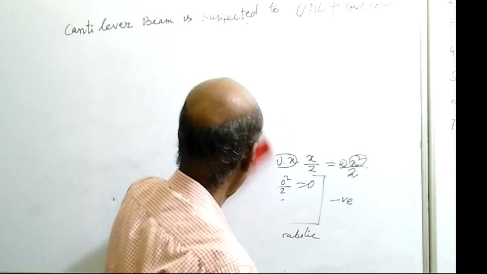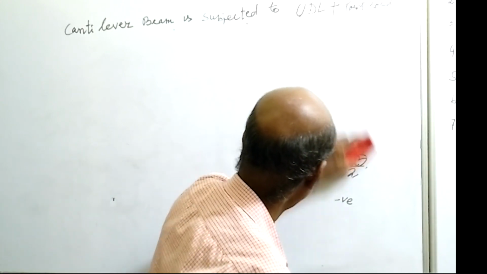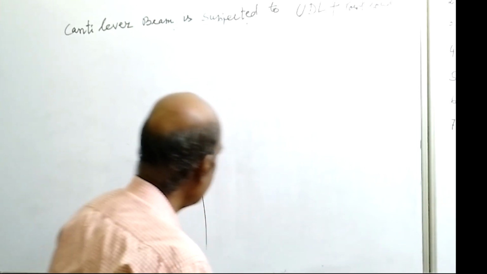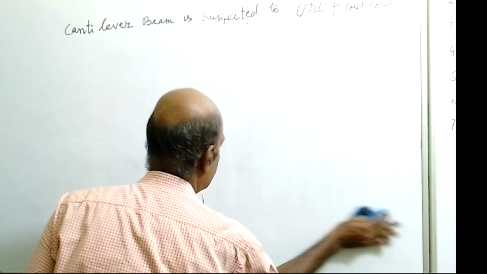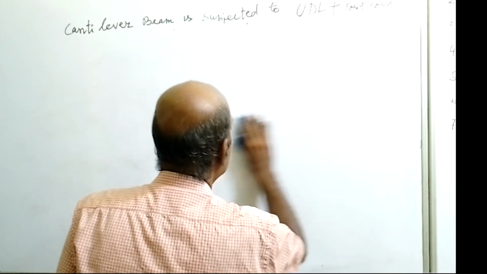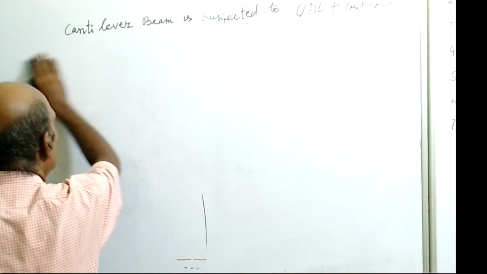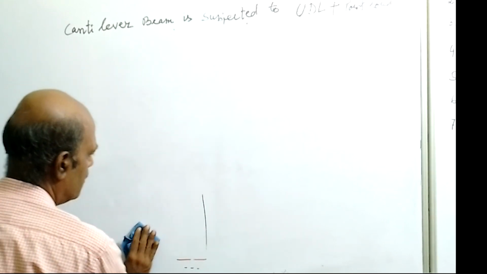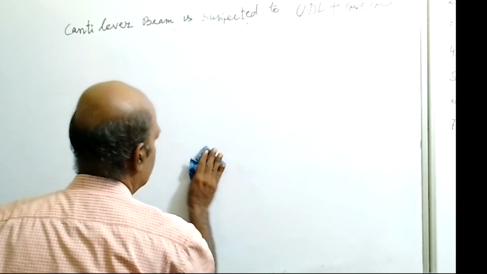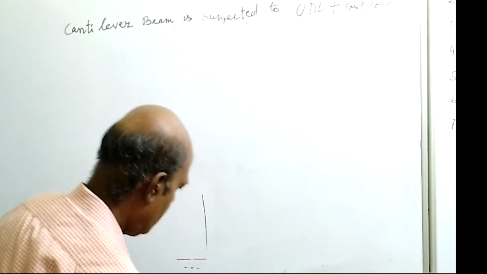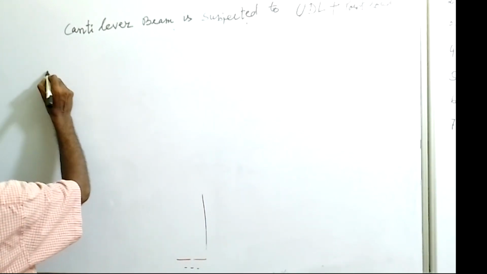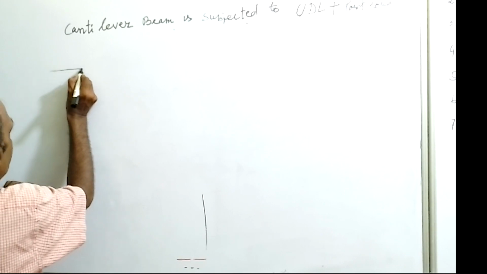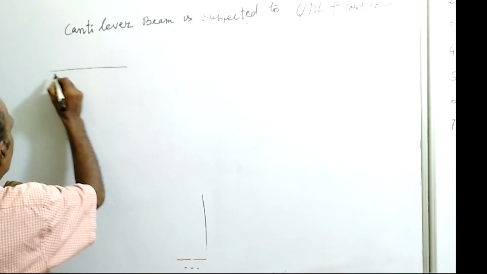So we will see the shear force and bending moment diagram when the cantilever beam is under point load plus uniformly distributed load for the whole span of the beam. Now this is the beam, a cantilever beam.